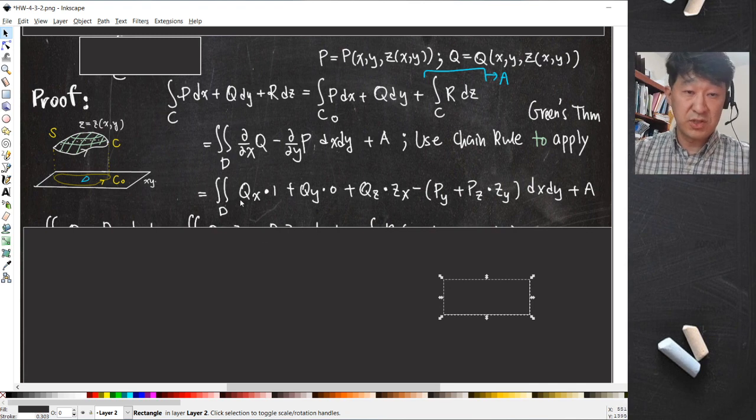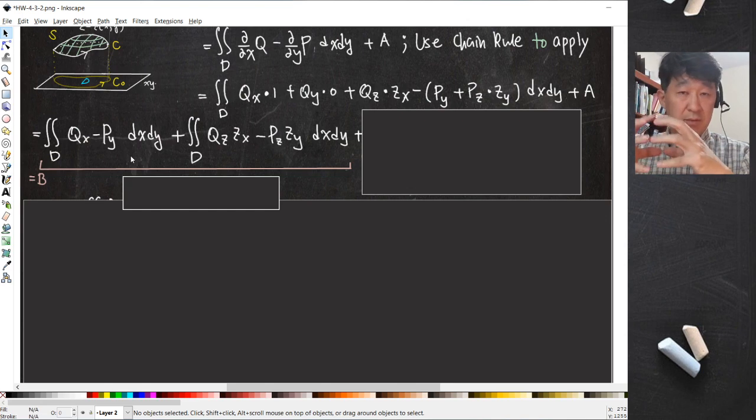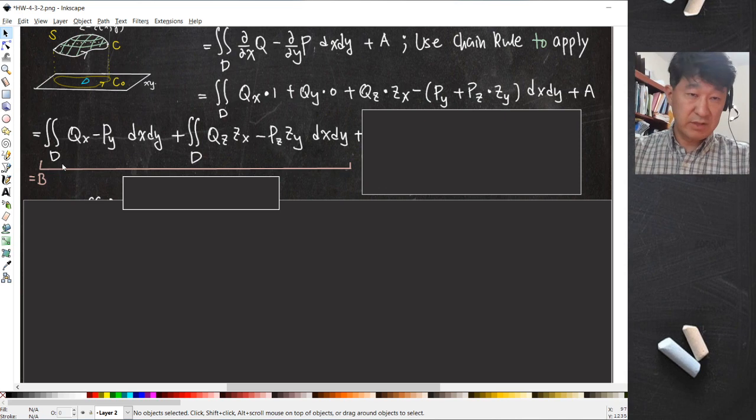Again, the answer wasn't just qx minus py. Right, down here I collected this qx minus py part nicely, because that's the thing that appeared in the Stokes theorem. So we collected nicely there. It's over that xy double integral, not a surface integral in this case.